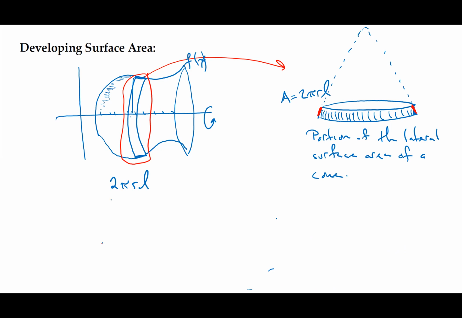And so if I'm thinking about these points, maybe this is x sub i minus 1, y sub i minus 1, and the second point is x sub i, y sub i. Then this 2 pi R L really becomes 2 pi times y sub i minus 1 plus y sub i all over 2, because remember how we define the radius, it's just the average of the 2 radii in the frustum.